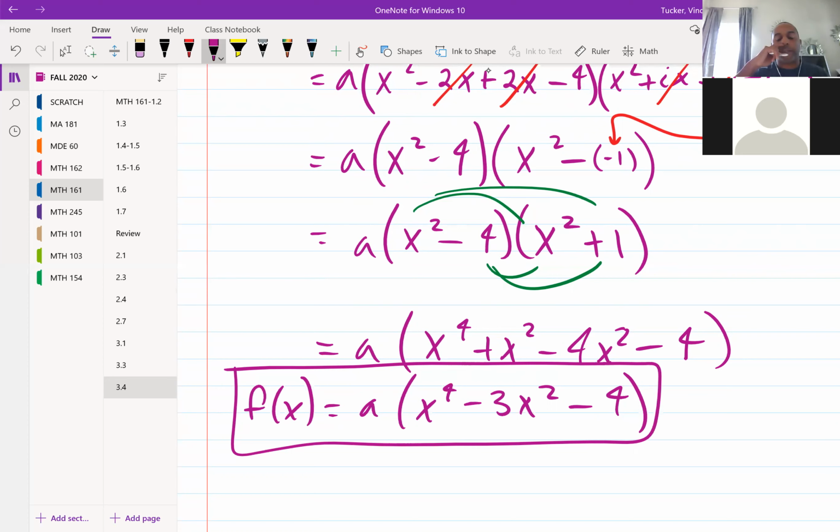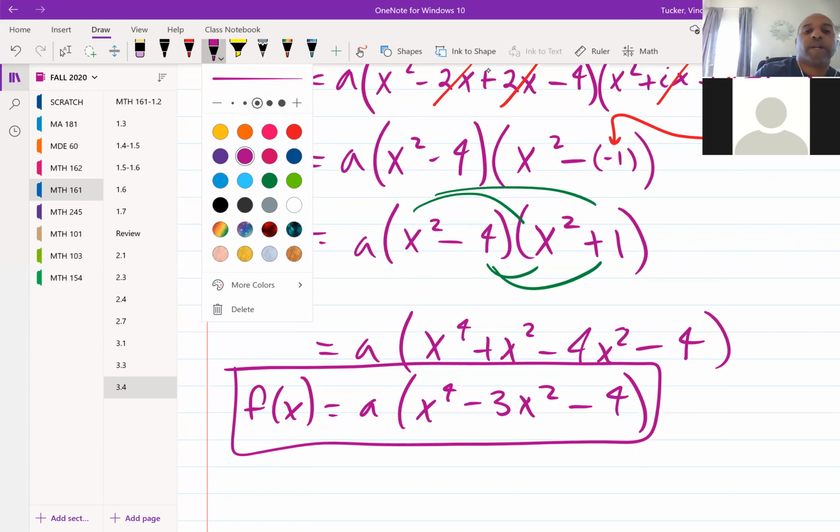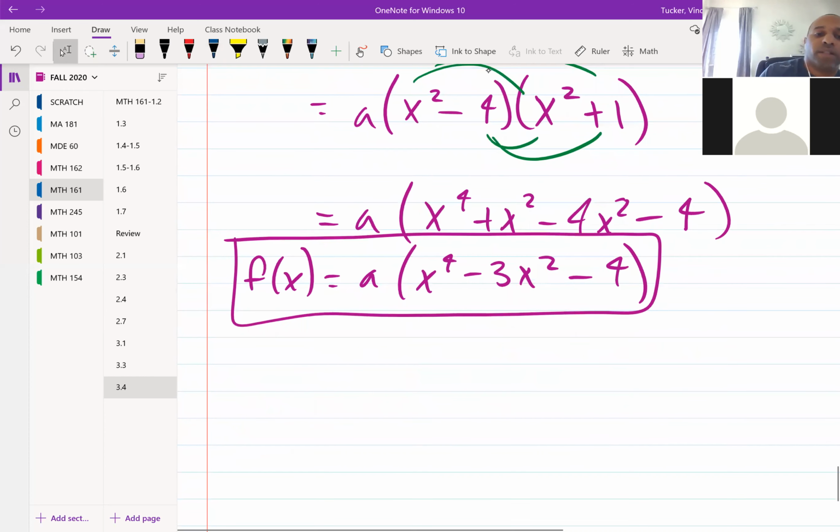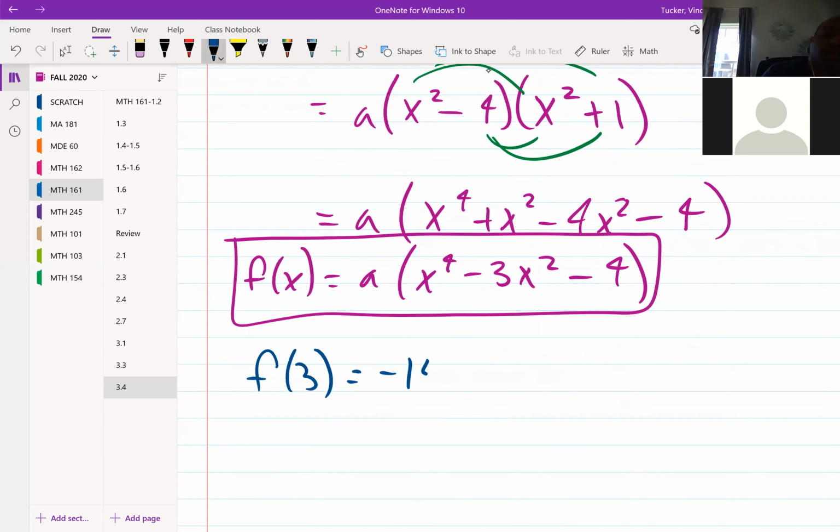All right, so now we can consider that last initial condition. That was f of 3 is equal to negative 150. So when I plug 3 into my function, I'm supposed to get negative 150. So a is still out there.